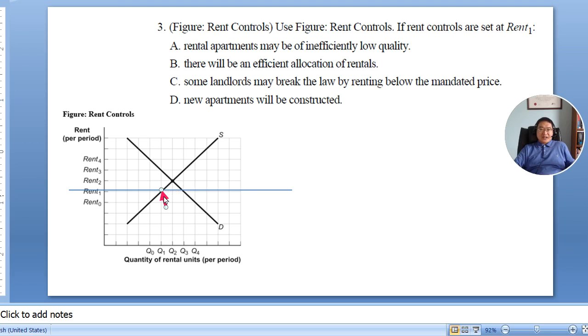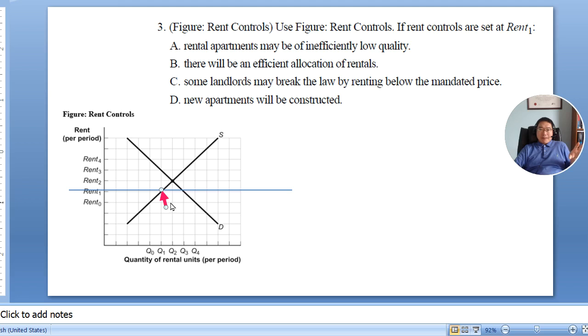And at the same time, they need to crunch their own cost to make zero economic profit. Only monopolists or people with monopoly power can make economic profit. But if this market is competitive, then people make zero economic profit.